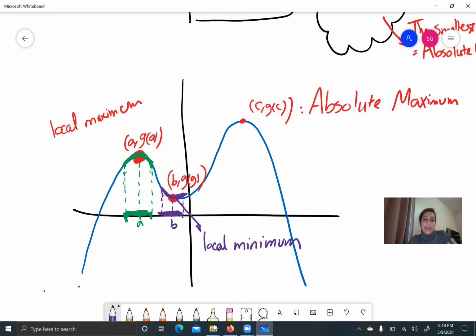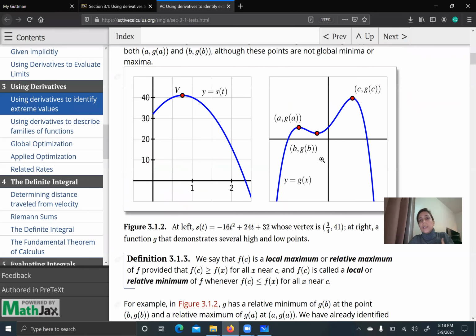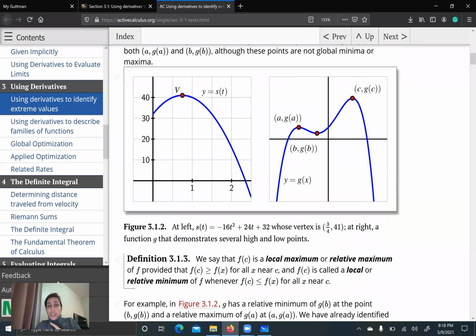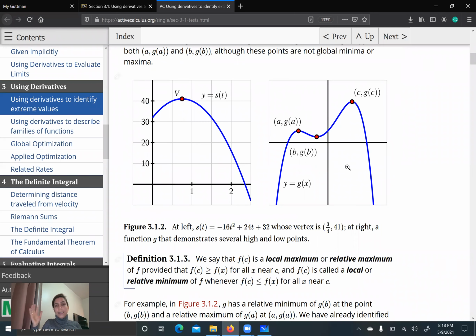So this was an example. In this picture, the graph on the right is an example that has an absolute maximum, g of c. It has two local extreme values, a local max and a local min, and it doesn't have any absolute minimum, because the function is going down, down, down forever.